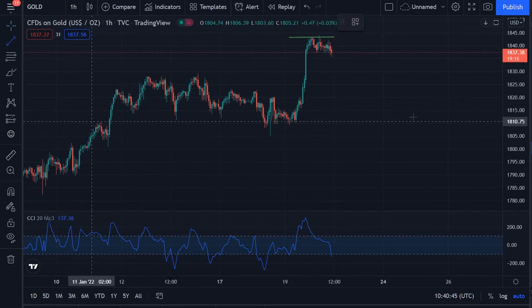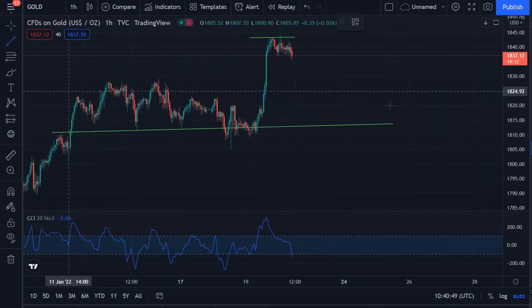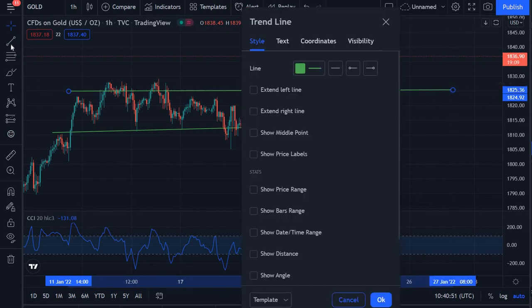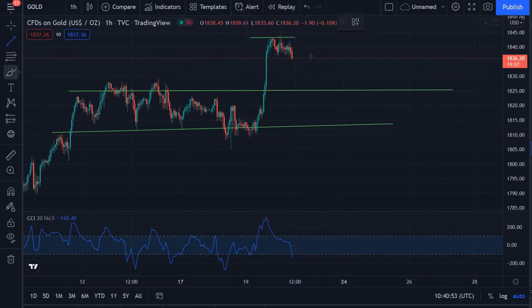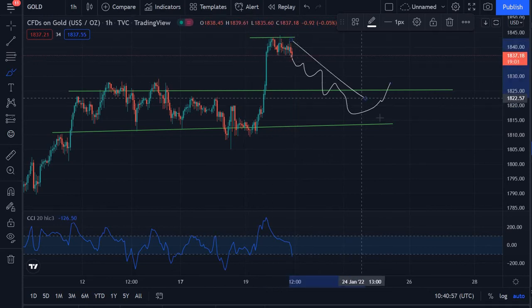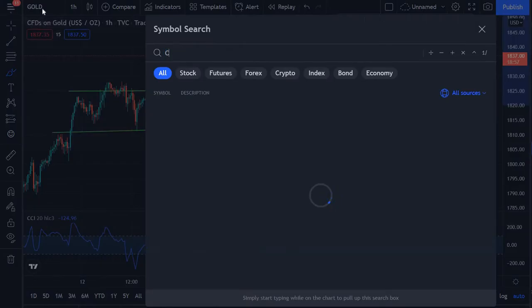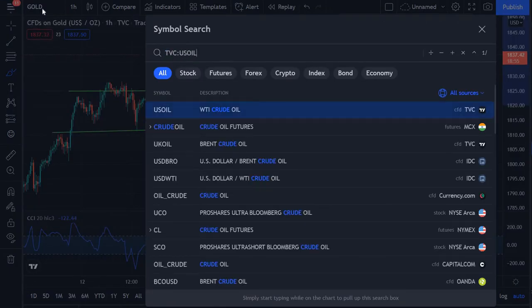What did we say? So maybe to here. Maybe the pullback also happens to here, but looks like we will get a bit lower to one of these areas. And then if we see a bullish candlestick, going for the buy. So this was gold.